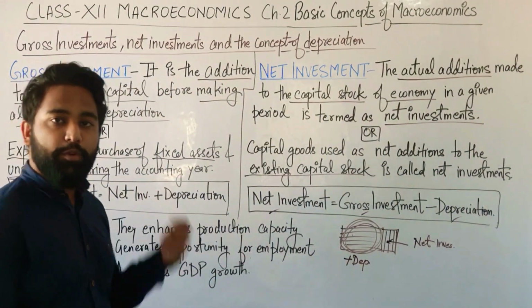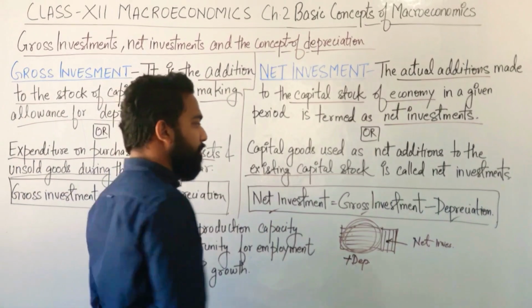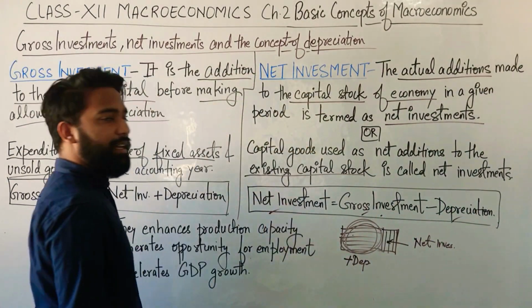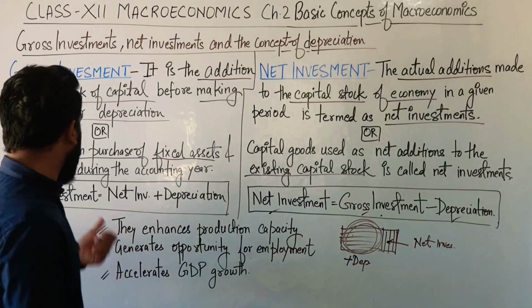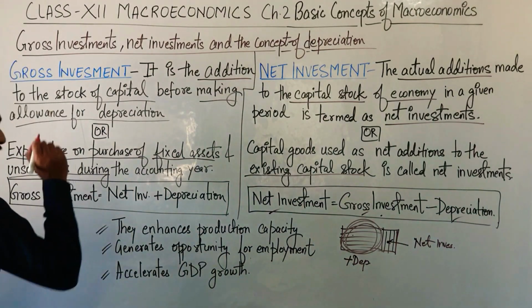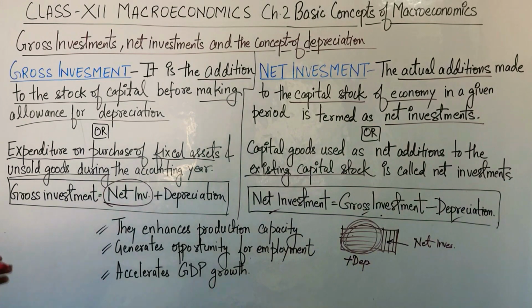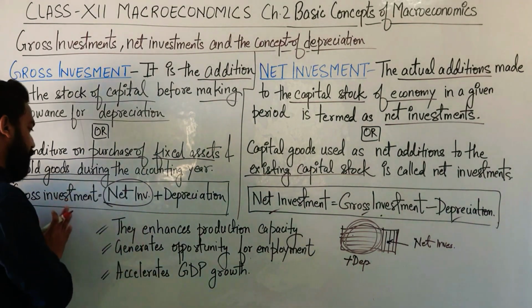If we remove depreciation from the gross investments, then we get the net investments. And if we add the depreciation in the net investments, then it is known as gross investment.